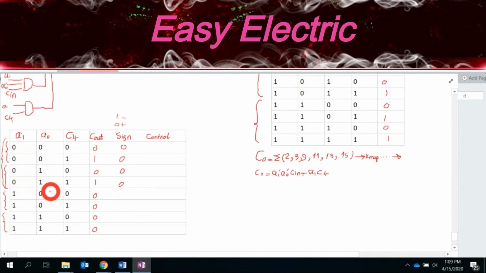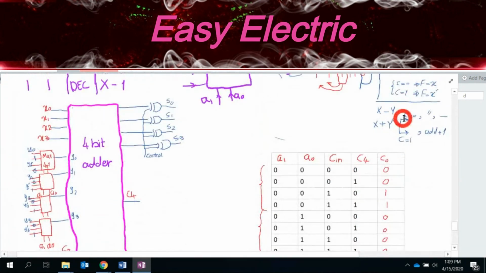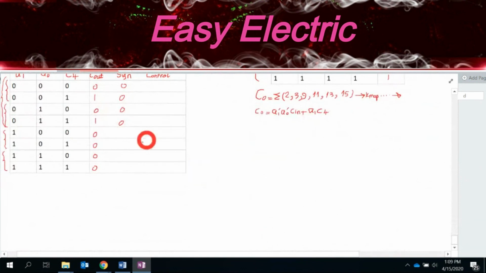Whenever you have the subtraction, which is these 4 cases, you need to take a look at the C4. Based on the concept that I explained, whenever the carry is 1, it is positive, you just add with the smallest 1. Whenever it is 0, you should get the negative number. So whenever carry is 0, here you have the negative.